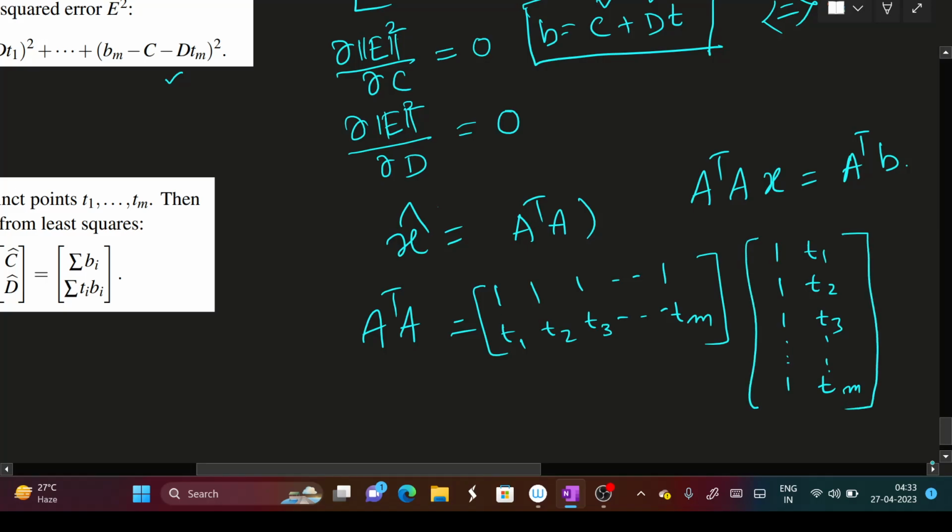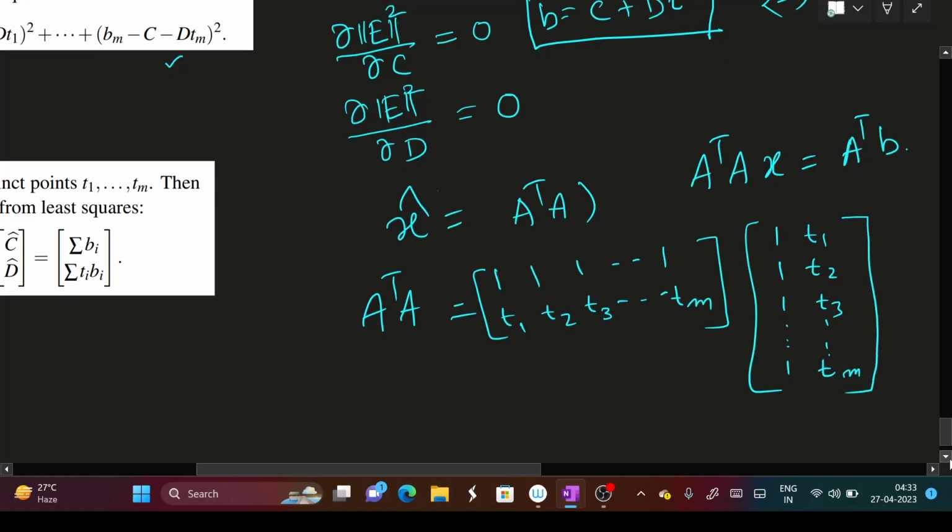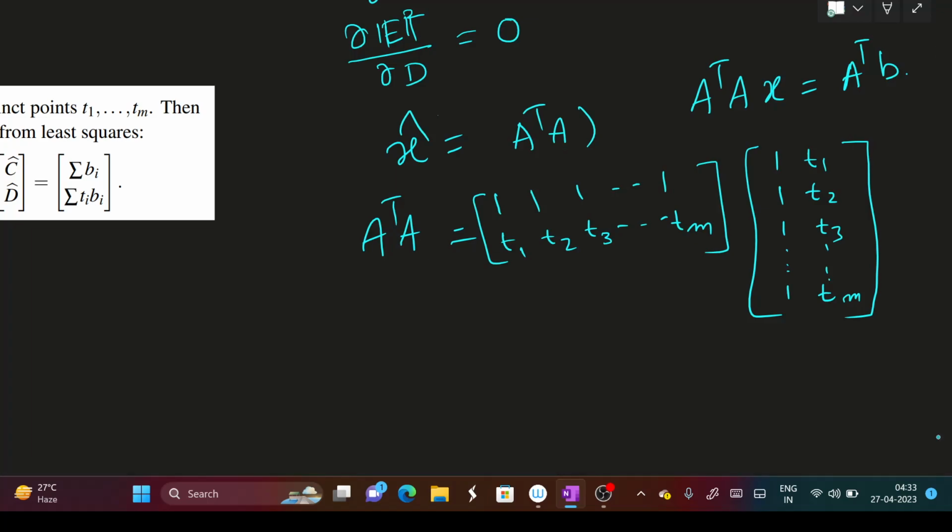In the examination, all these things are not necessary. So here what is to be done? 1 into 1 plus 1 into 1 and so on, so m times I am adding 1. So it is m. Then 1 into T1 plus 1 into T2 plus 1 into T3, that is, sum over Ti, i is equal to 1 to m.